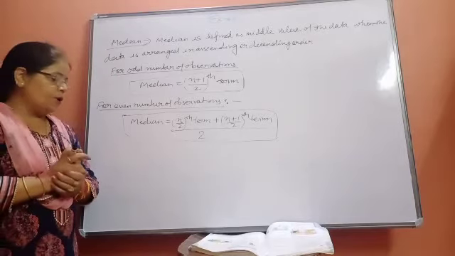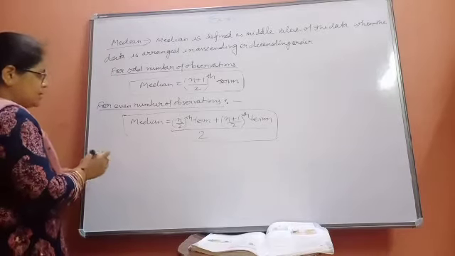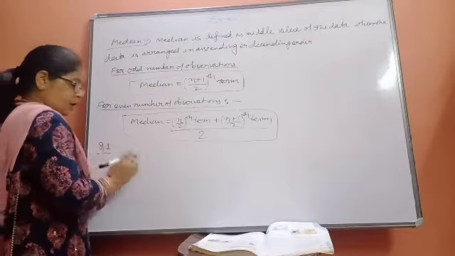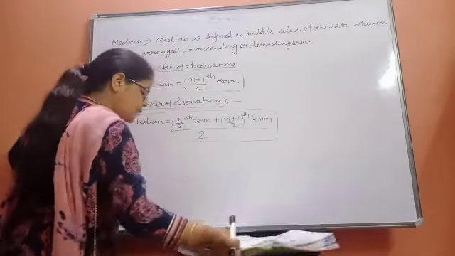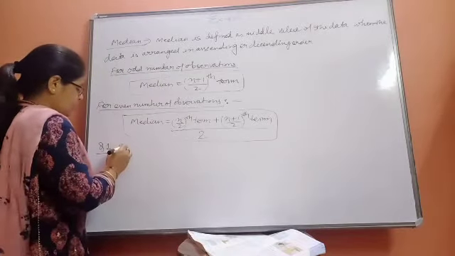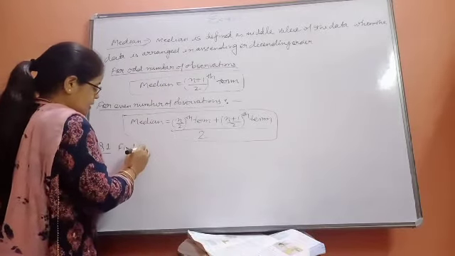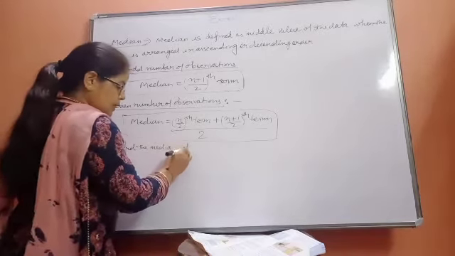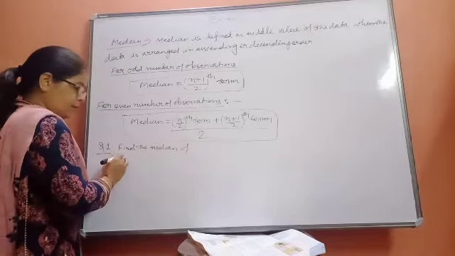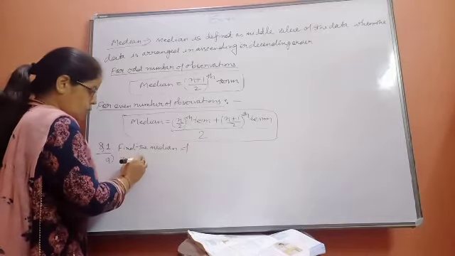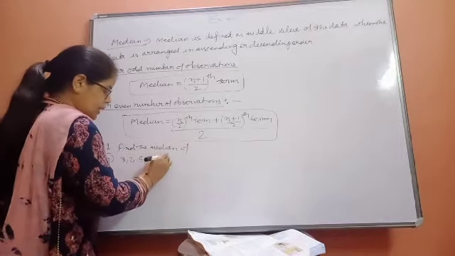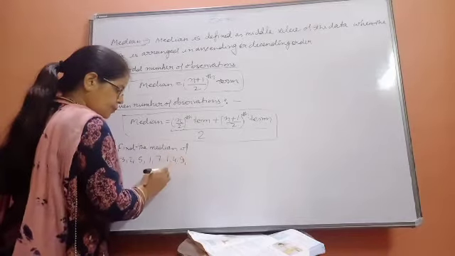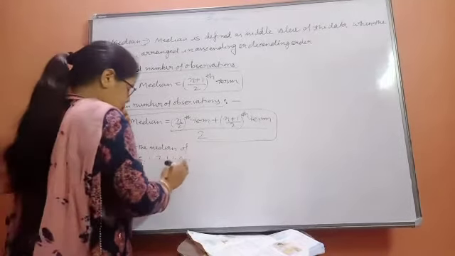Now we are coming to exercise 16.2, question number one. We have to find the median of the given data. In part A we have 3, 2, 5, 1, 7, 1, 4, 9 and 2.